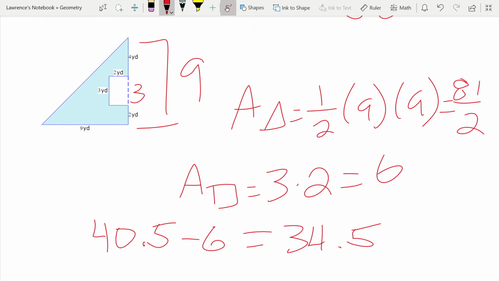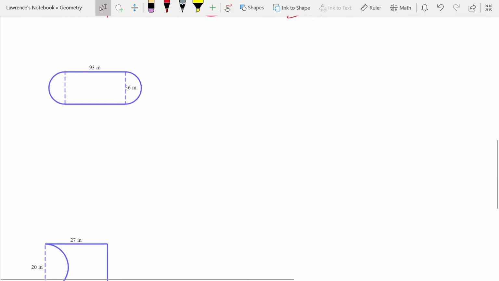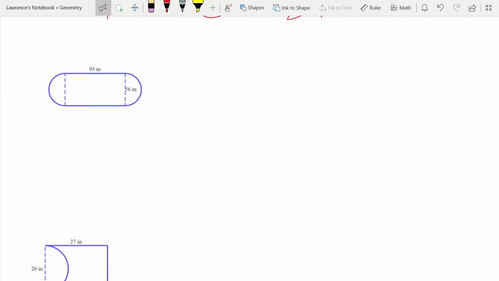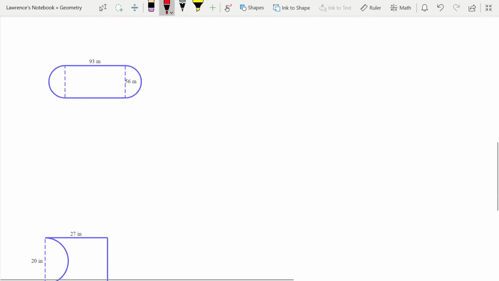Not a big deal. A couple of other ones to help you guys out real quickly. Something like this: what I see here is very simply a circle. Actually, I have two halves of a circle, but if I put them together, I have one circle. So I'm going to take this and add them together. One thing I need is a radius, so half of 56.